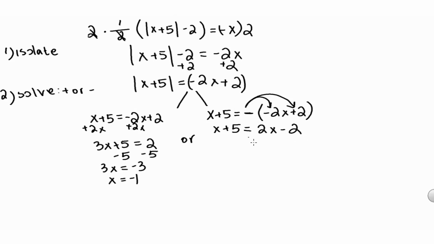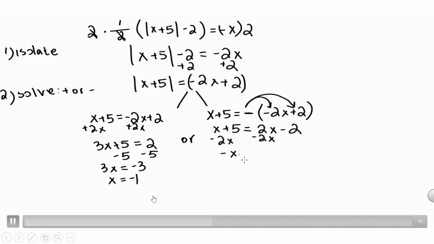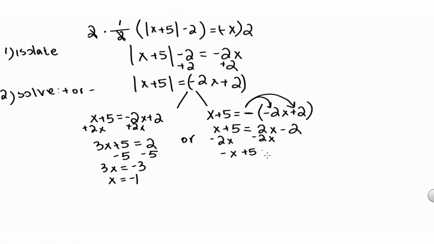And again, I'm going to move my 2x over. This becomes -x + 5 = -2. Move the 5 over. -x = -7, or x = 7.